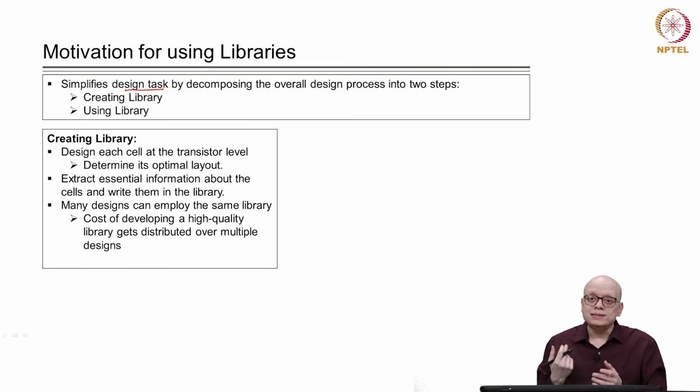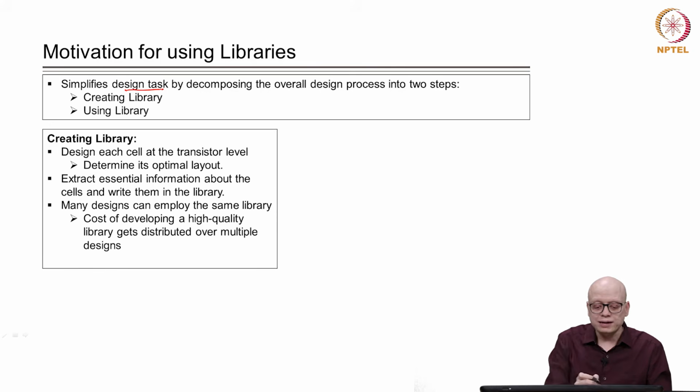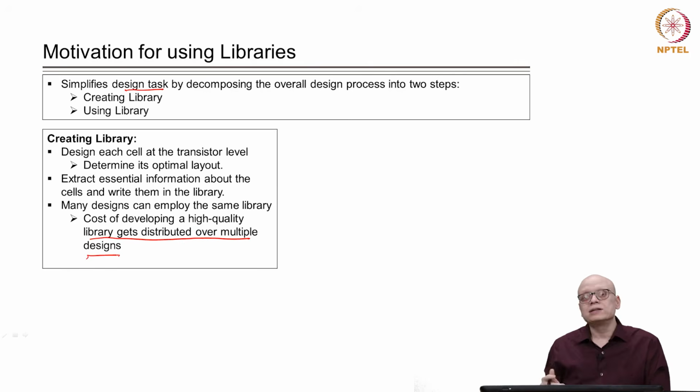Now, how does it help? So, it helps by reducing the cost. The cost of developing a high quality library gets distributed over multiple designs. For example, if we create one library and the same library is used by say 100 designs, right. For example, the various processors or various kinds of controllers and many other chips that we have made using the same library, say hundreds of designs are based on the same library.